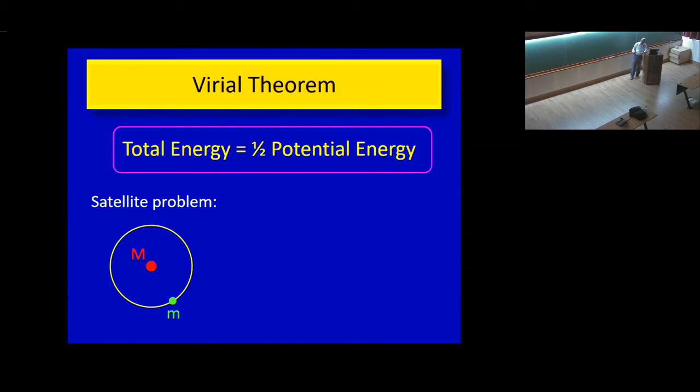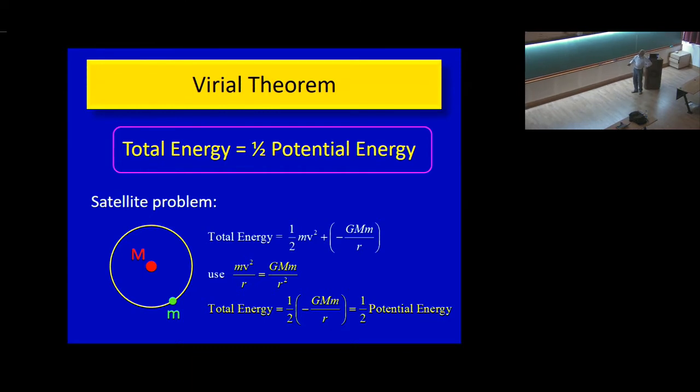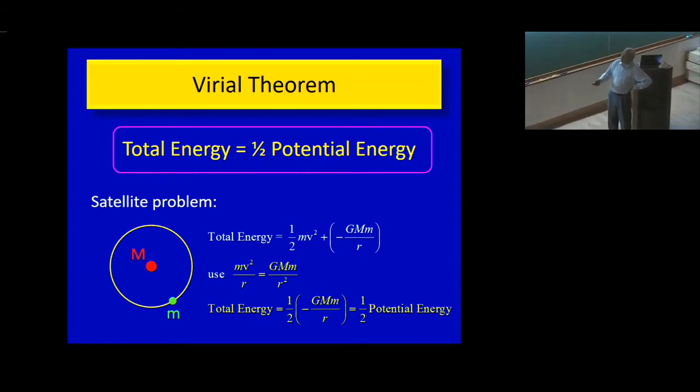There is the sun, capital M, around which there is a planet, small m, going around. Well, the total energy of the system, of the satellite, is the kinetic energy, 1/2 mv squared, plus the gravitational potential energy, which is minus GMm over r. So that is the total energy. Now this involves the velocity as well as the distance.